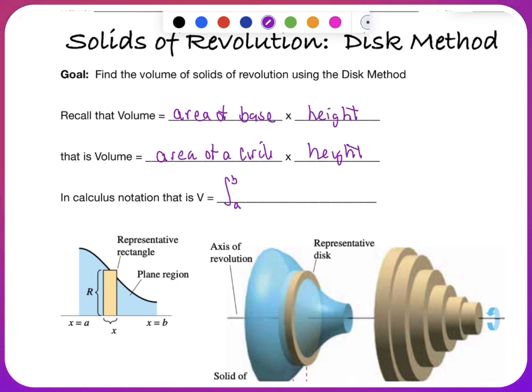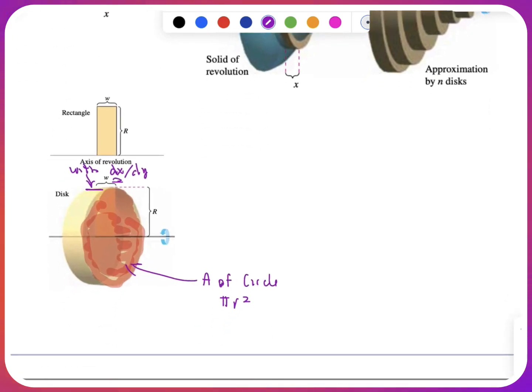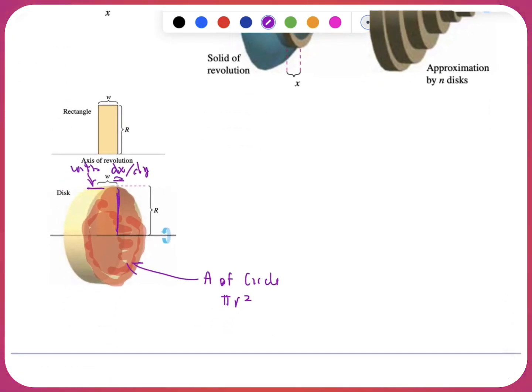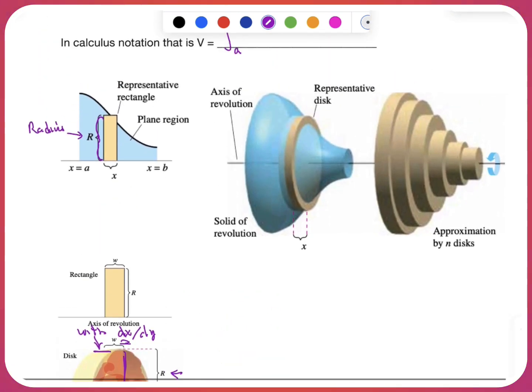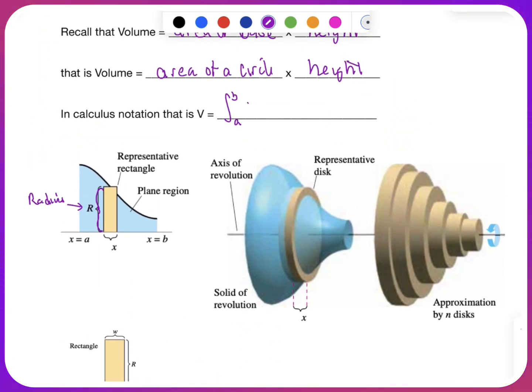Now to find the volume, I'm going to integrate from the beginning of the shaded region to the end of the shaded region. So, the integral from a to b of the area of the circle. Remember, the area of the circle is pi r squared. For our problem, our radius is going to be the height of our representative rectangle, which is usually our function, so we use the notation r of x.